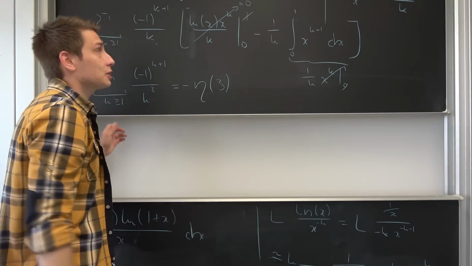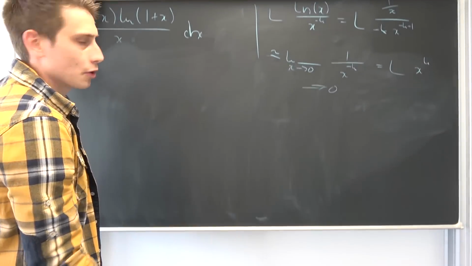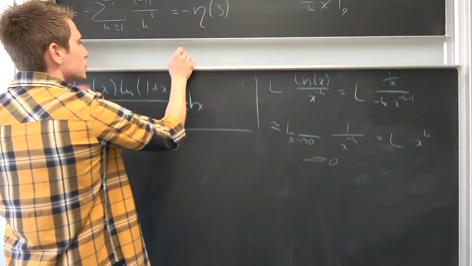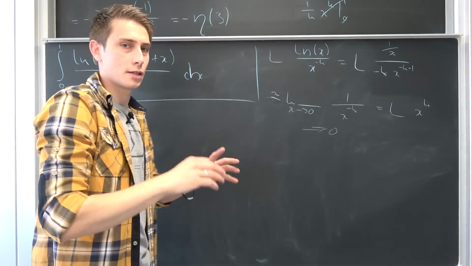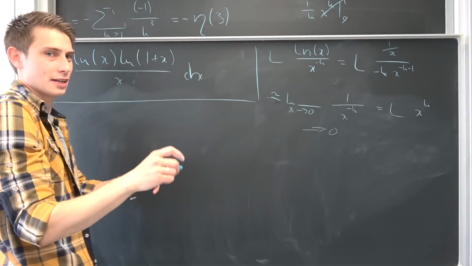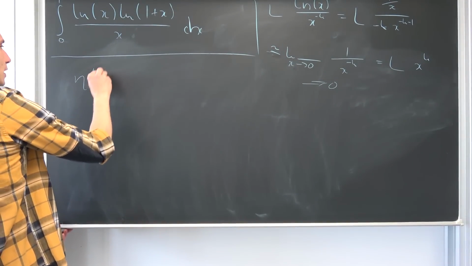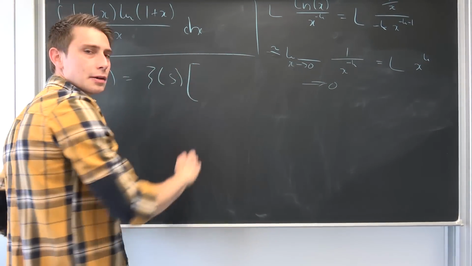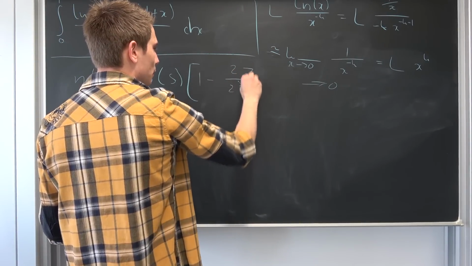We actually found an expression for the Dirichlet eta function. I made a video on that one integral, but since this thing converges for certain values, we can rearrange this into some kind of zeta function. That's kind of some alternating zeta function. So Dirichlet eta of s is nothing but the Riemann zeta function of s times some weird factor, 1 minus 2 over 2 to the s power.